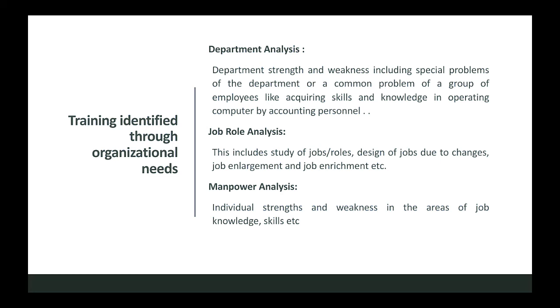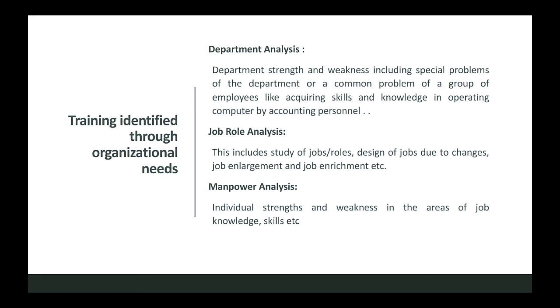Therefore, we can briefly segregate the entire training need into organizational need, departmental need, job role need, and manpower or individual need. All this information can come through performance management, manpower planning, or individual need can be identified primarily from the performance assessment, or maybe different types of feedback and day-to-day delivery issues.